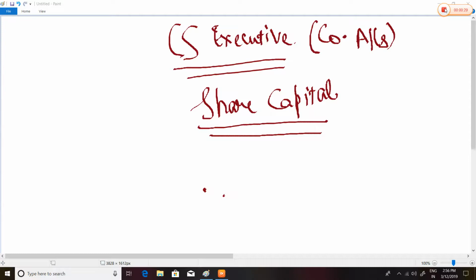What is share capital? Share capital is a type of investment made by the public in a company, whether it is a private company or a public company.